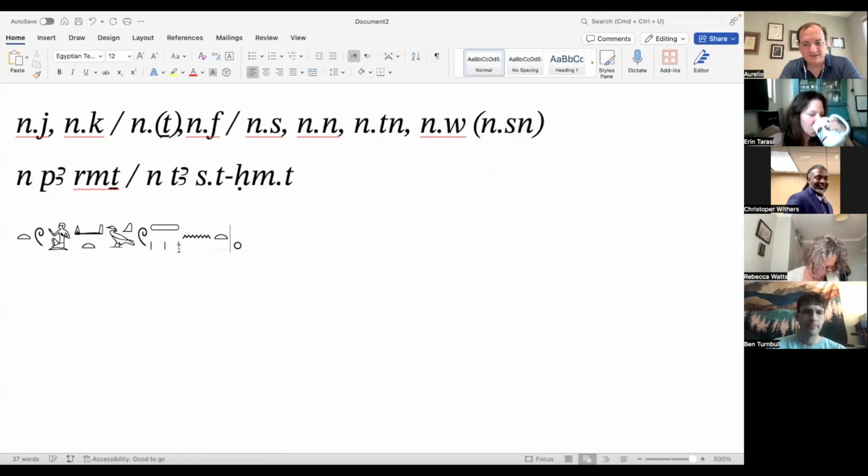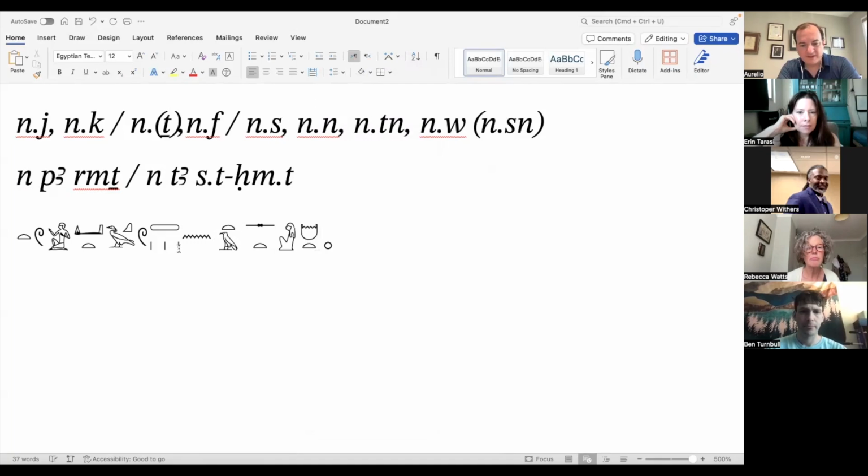So en ta set, I guess like this, to the woman. Why? Because it's basically an adverbial expression. And the rule is generally adverbial expressions go at the end, with the one exception that if it is a pronominal dative, it goes as close to the verb as it can.